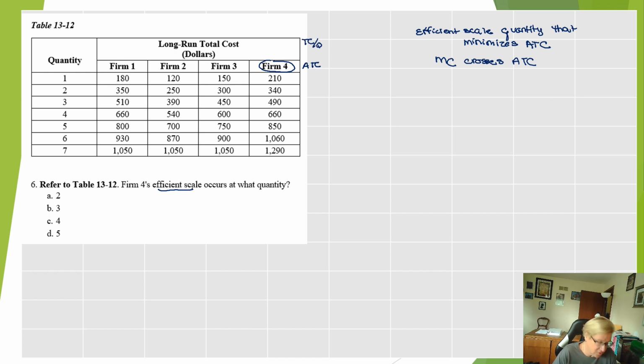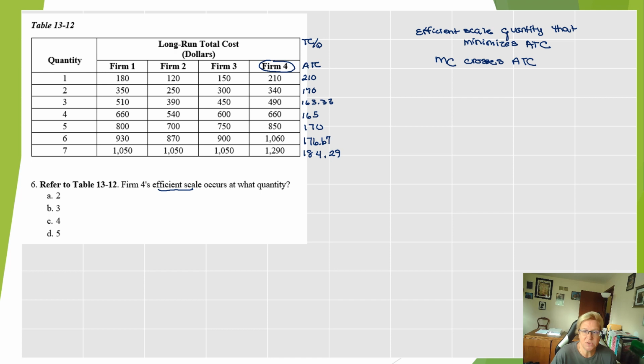So for our first quantity, we have 210, 170, 163.33, 165, 170, 176.67, and 184.29, rounded.